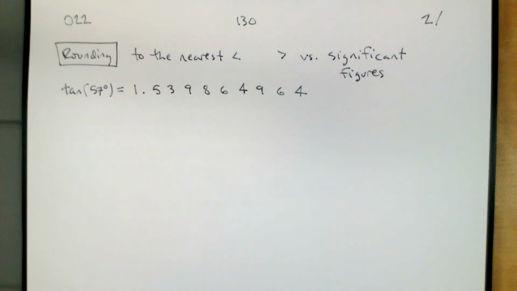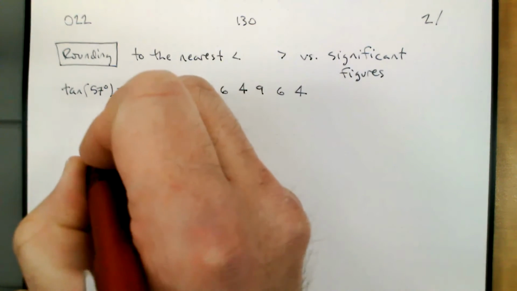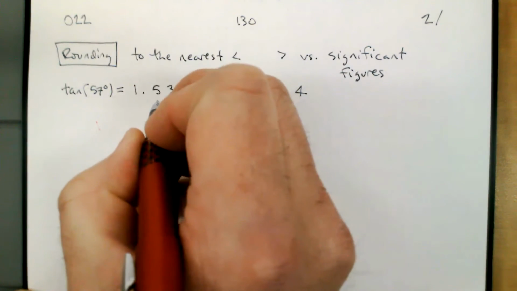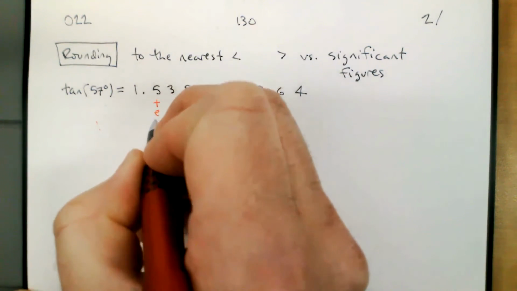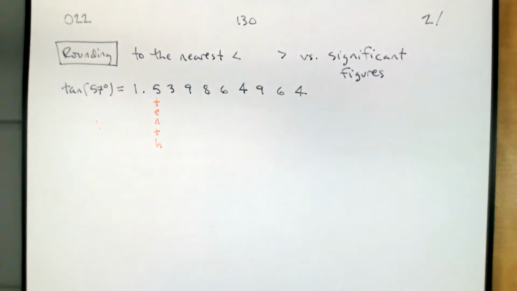So one of the ways that I'll ask you to round things off is to a specified decimal place. So we need to know the names. The 5 is the tenth. The first place after the decimal point is called the tenth.